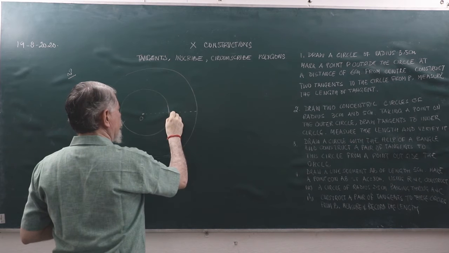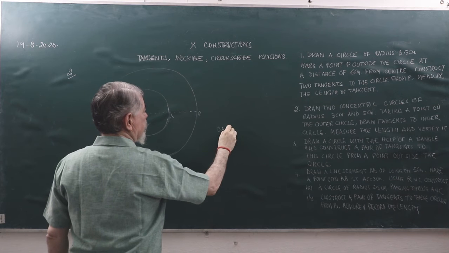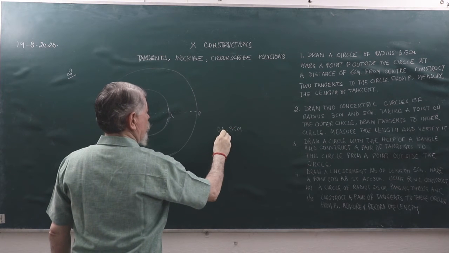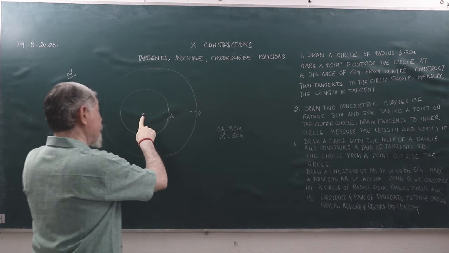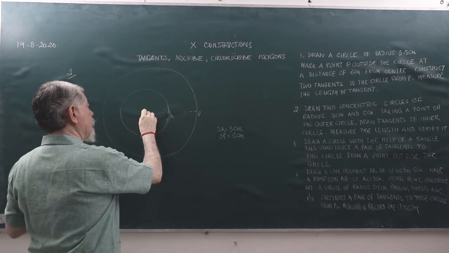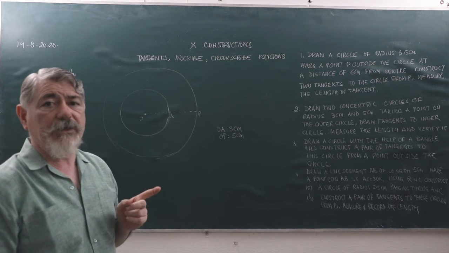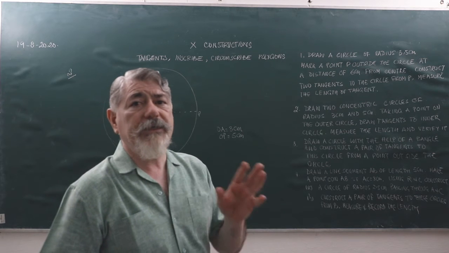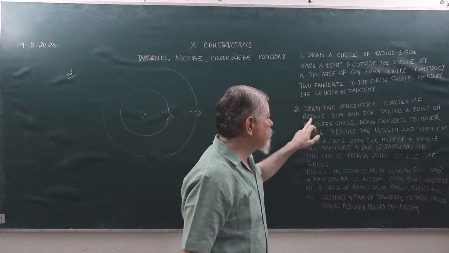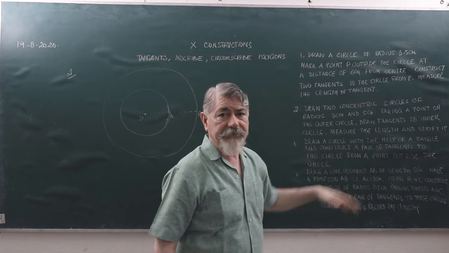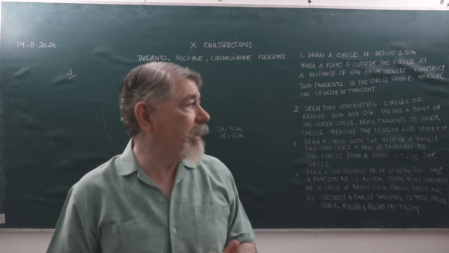If I take OA and OP, OA is 3 cm, OP is 5 cm. Both the circles have the same center O, and their radii are 3 centimeter and 5 centimeter. We have drawn two concentric circles of radius 3 centimeter and 5 centimeter.